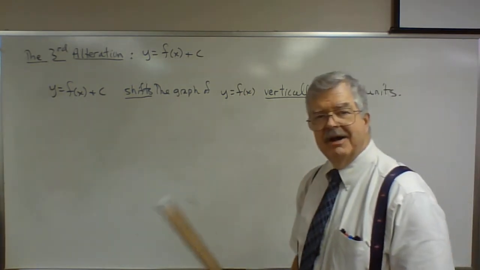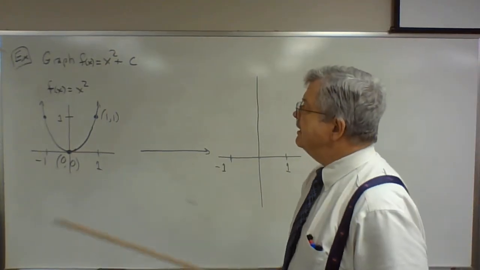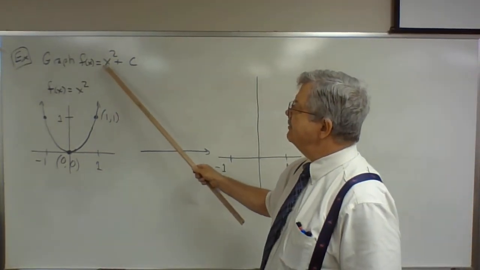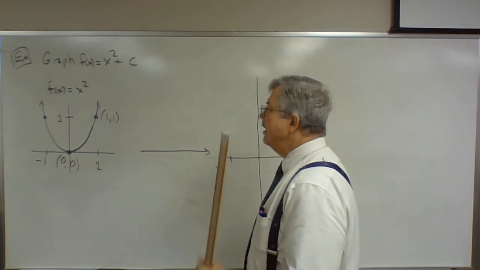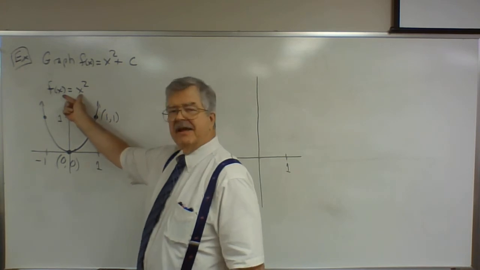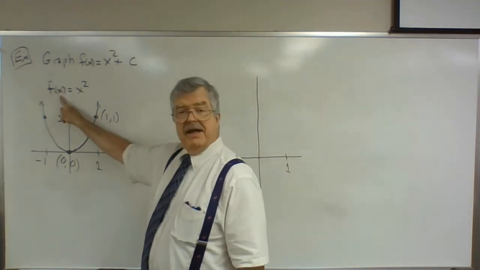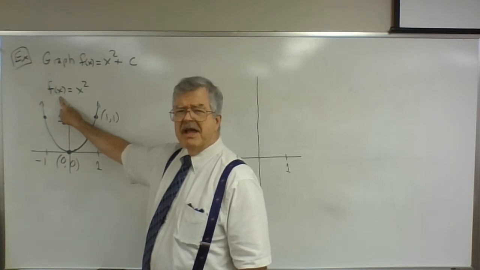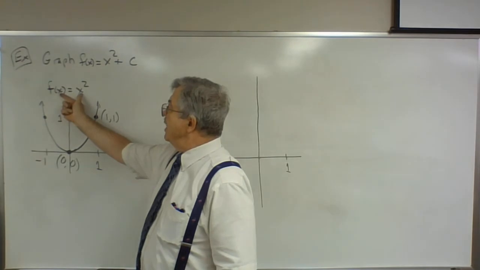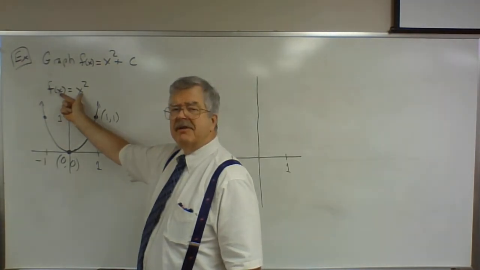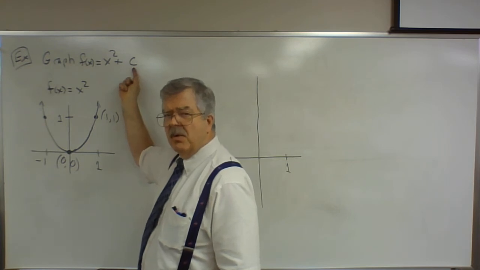So let's give a basic example. Let's consider the graph f of x equals x squared plus c. What are we doing? We're taking f of x equals x squared. And remember, f of x is just another name for y. So we're taking the y-coordinate of the graph of x squared and we're adding c to that y-coordinate.